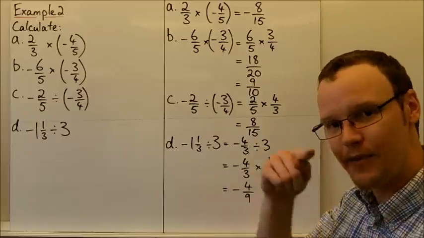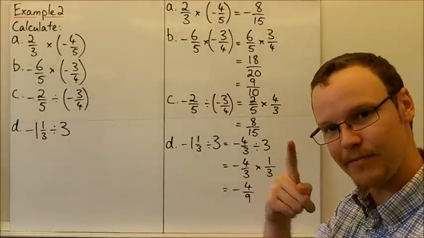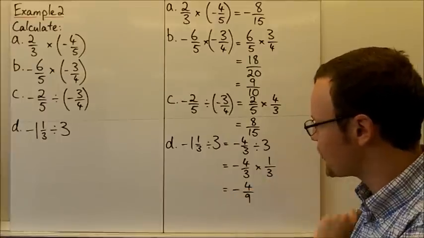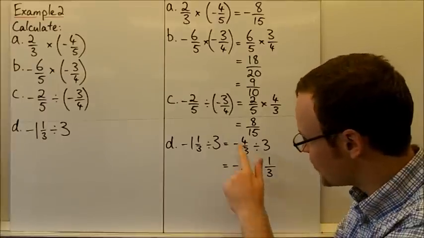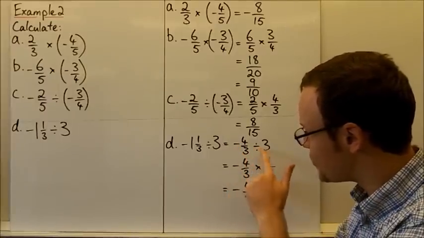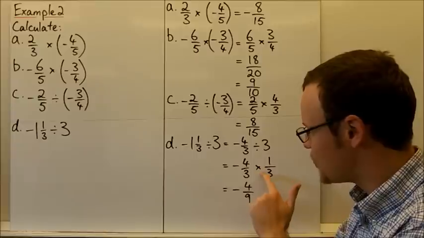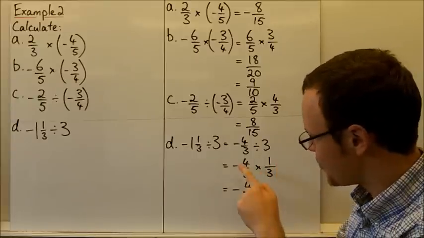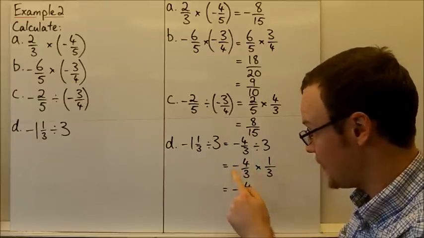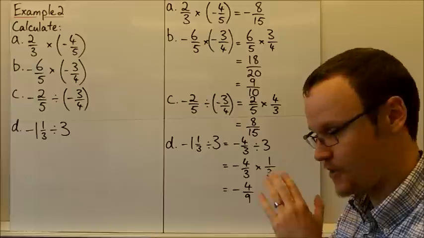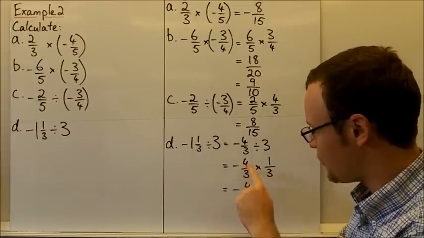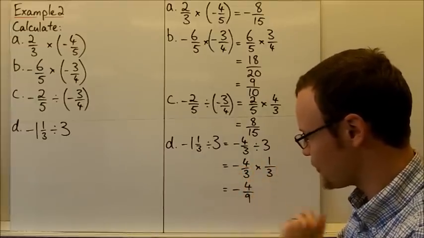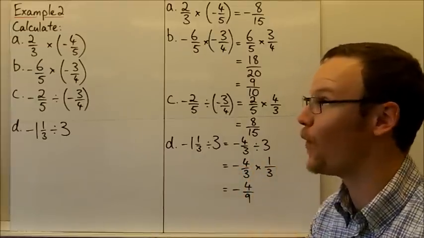So the inverse, the reciprocal, the flipped version of that is going to be 1/3. So here this goes from negative 4/3 divided by 3 to negative 4/3 times 1/3. So we've got here a negative and a positive, so the answer will be negative. 4 times 1 is 4, and 3 times 3 is 9. Negative 4/9.